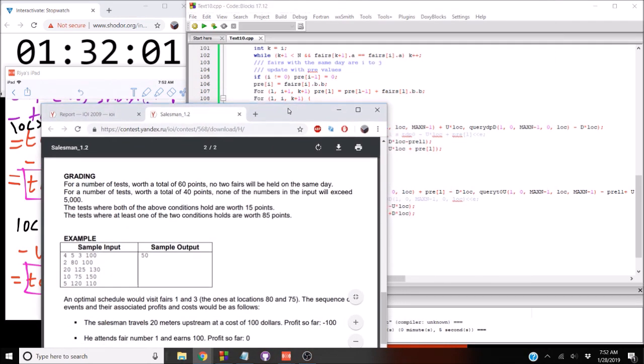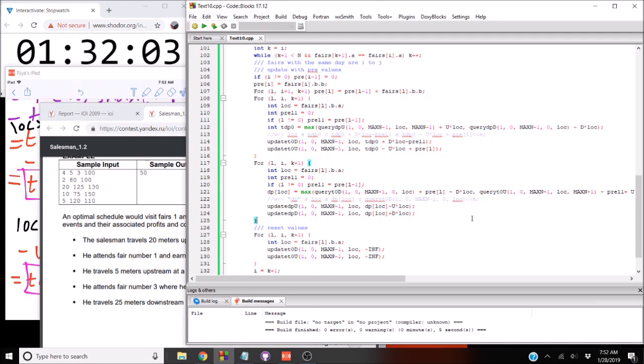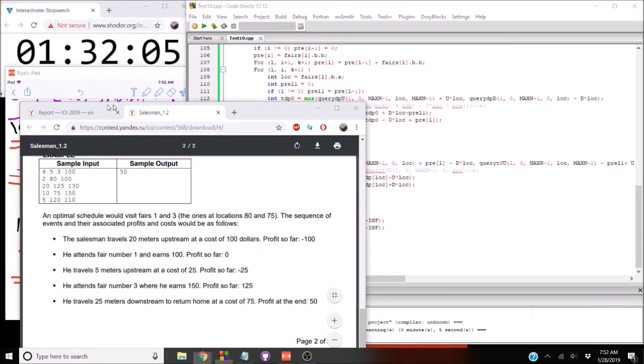Okay, since we've given these values here, I think I'm just going to print all the DP values.